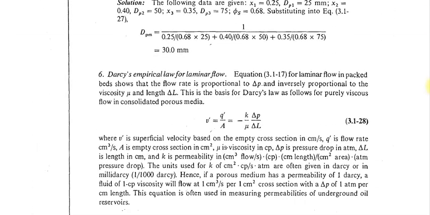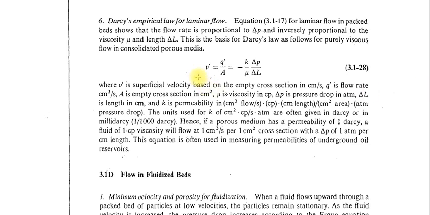Okay, so in the laminar region we can also use a very simple formula which is called Darcy's law. Darcy's law was developed by experiments and observations only, so it is called an empirical law. In Darcy's law, v dash is the superficial velocity, which is proportional to the pressure drop per unit length of the column.